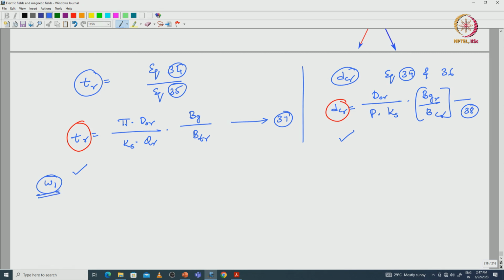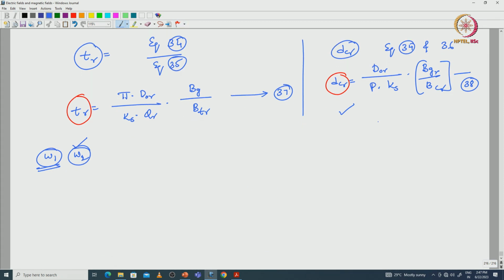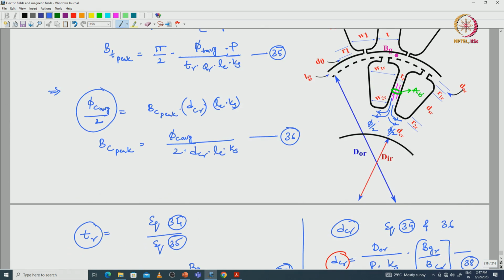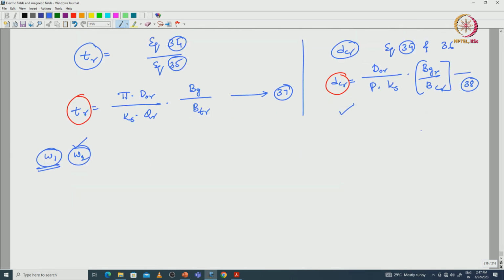In order to find the widths W1 and W2, we have to analyze the perimeter. If we see the perimeter with respect to W2R, here W2R plus TR into QR is nothing but the perimeter.